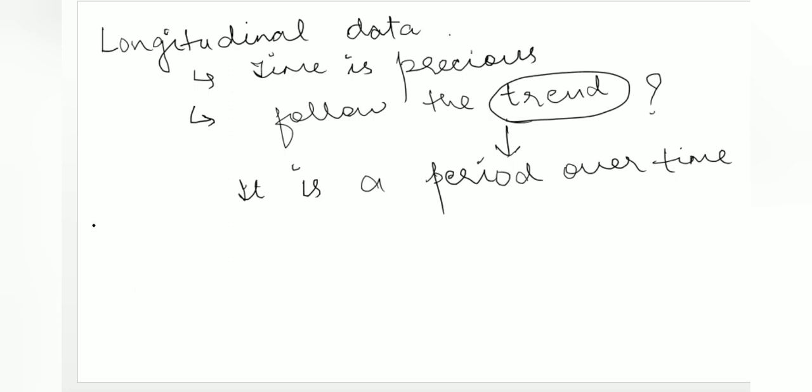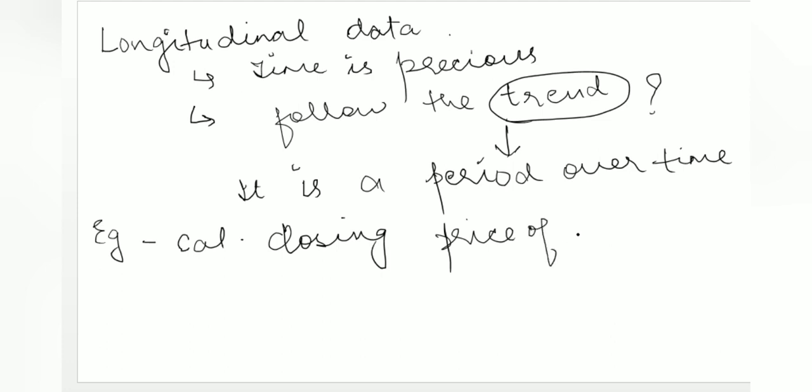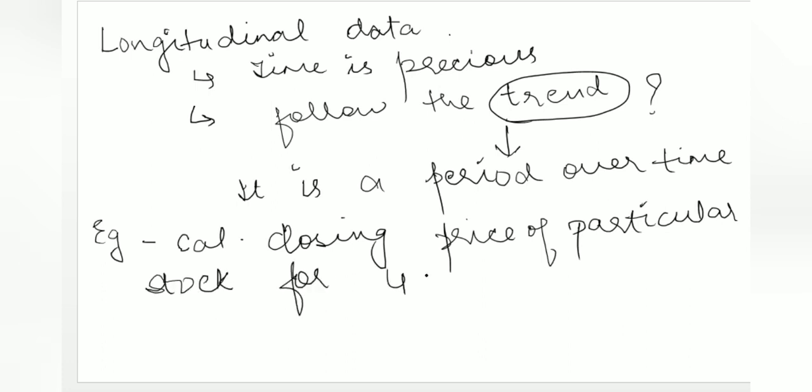I'll explain in a simple way with an example. Calculating the closing price of a particular stock for, let's say, 4 years or 5 years.